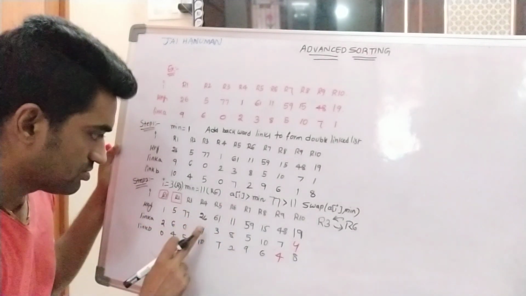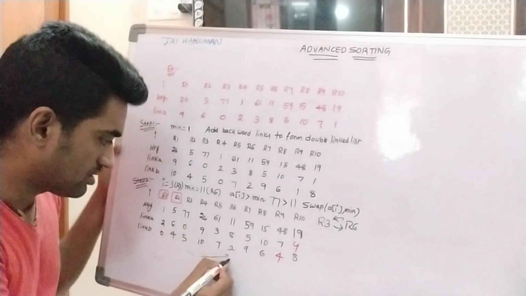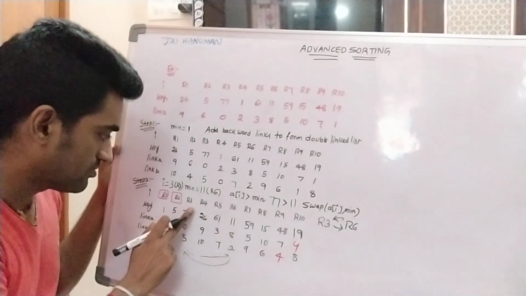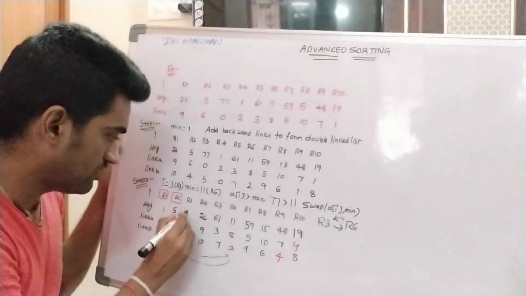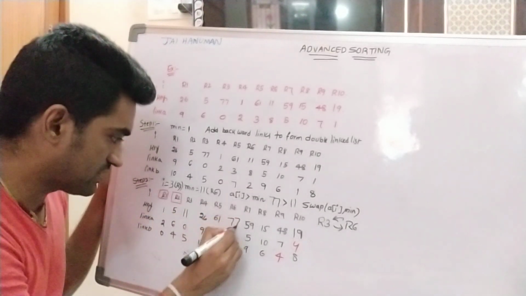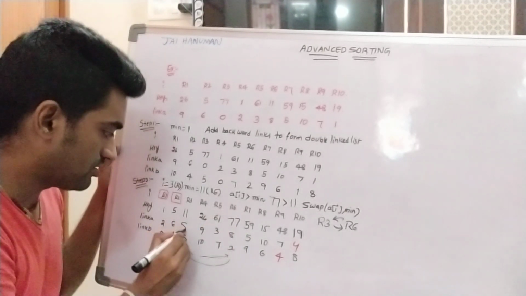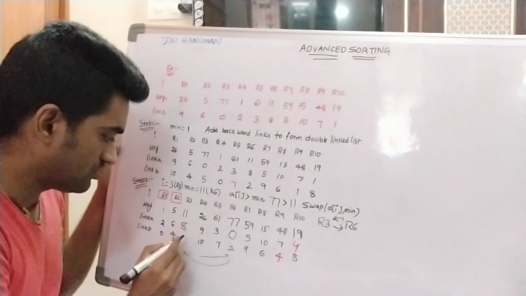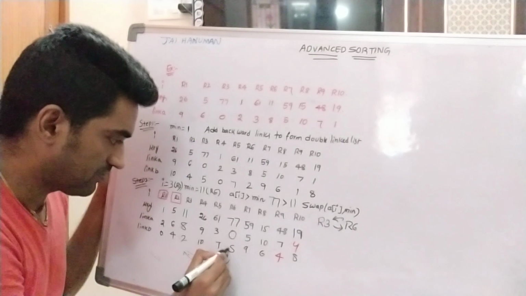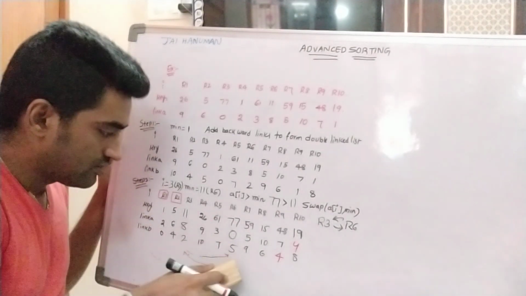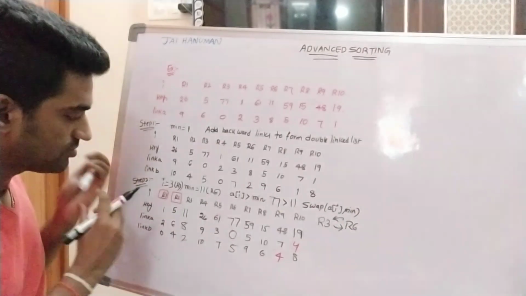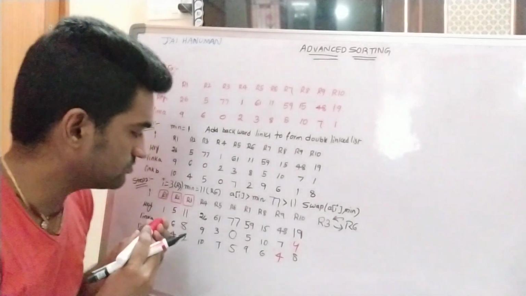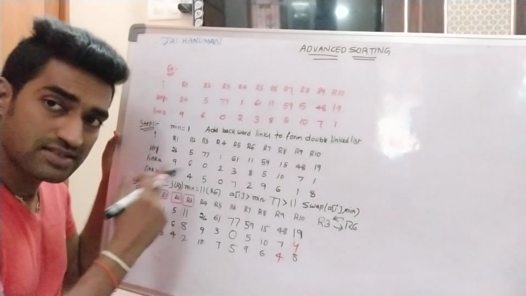Now the R6 record becomes 11, 77, 8, 0, 2, 5, right? So R3 has been sorted. So here we are representing it step by step.